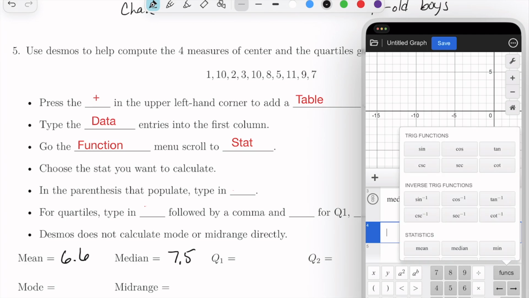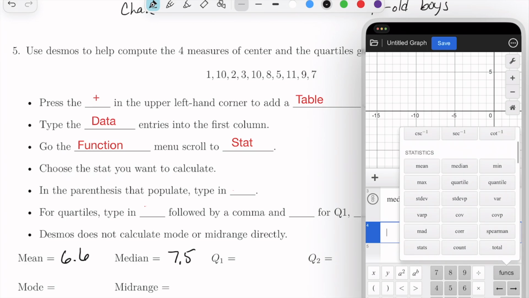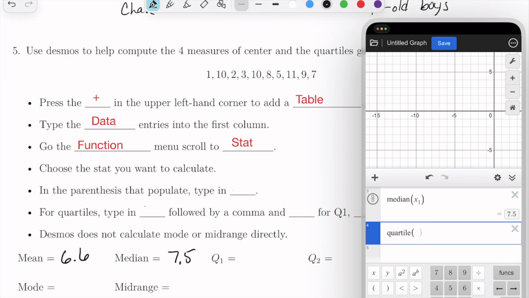We'll go to function. If I want to find Q1, you'll notice that quartile is directly below median on my list. Don't get that confused with quantile, which is right next to it. You want to hit quartile. We still want the quartile for X1, but notice that it has not given me anything yet.